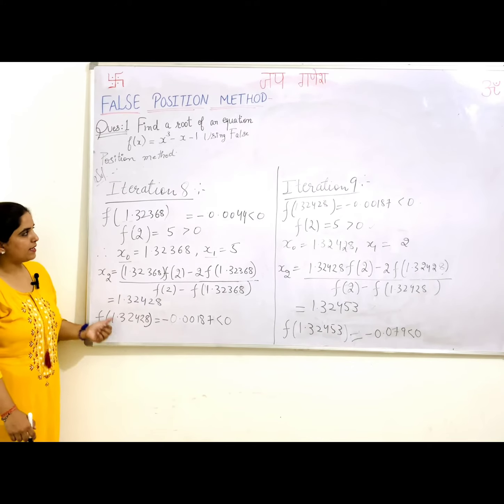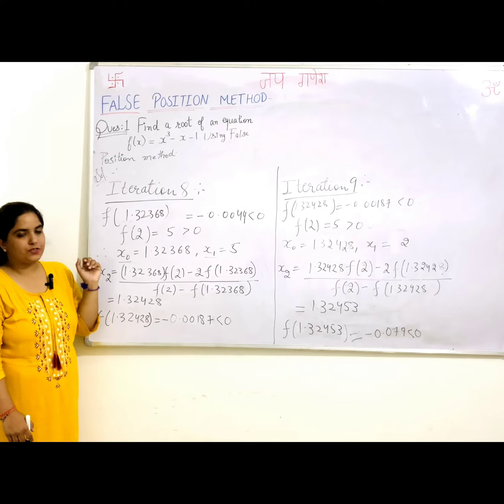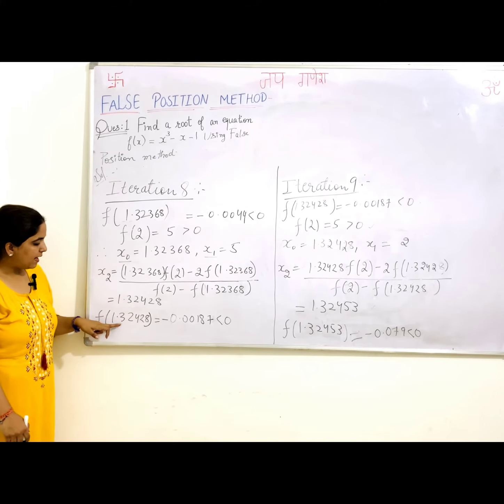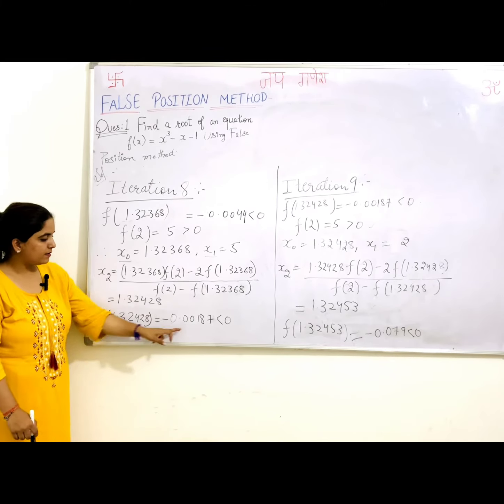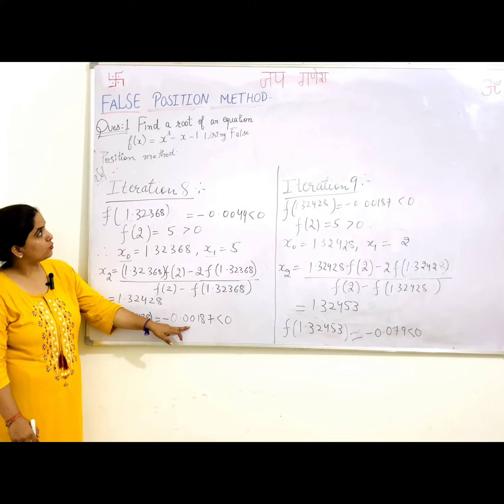1.32428. Again, as we have been doing from the first iteration to 7th iteration, we are putting the value in the given equation, that is x cube minus x minus 1.